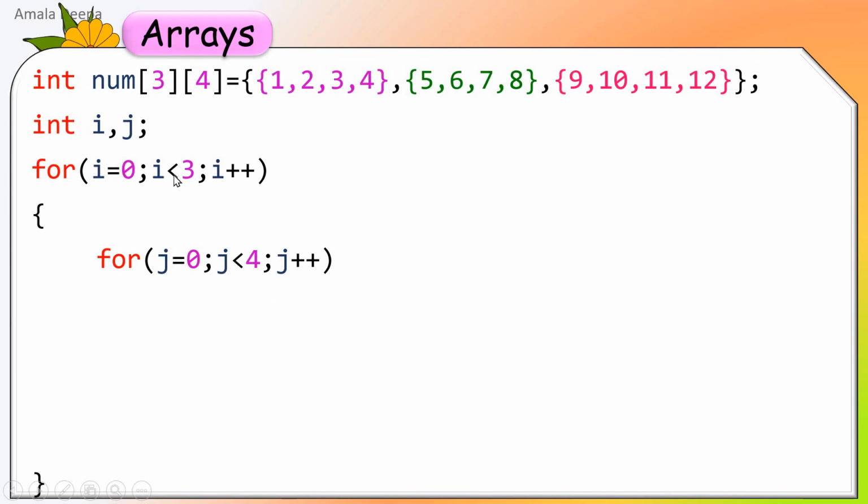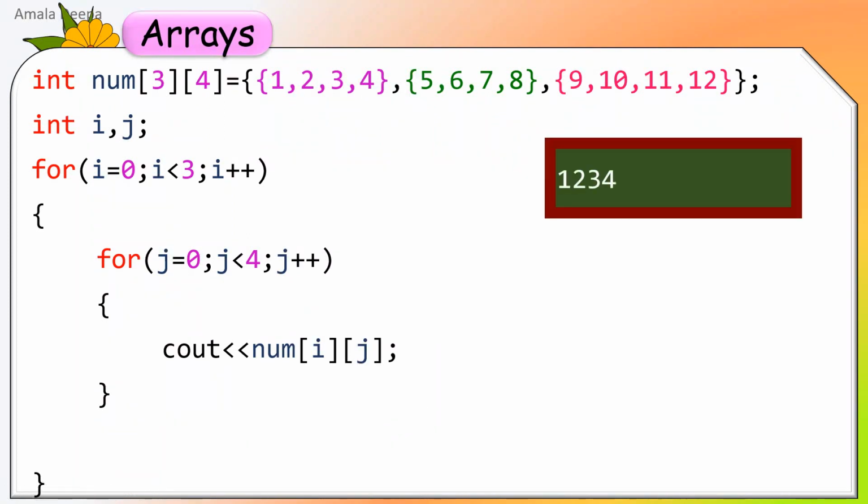For counting the row subscripts I use the variable i, and for counting the column subscripts I use the variable j. And within the inner loop you can give the cout statement, cout num[i][j], that is i is the row subscript and j is the column subscript. This coding will give the following output.